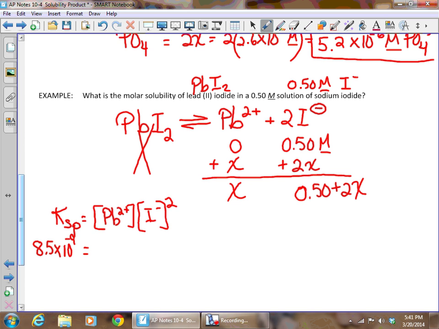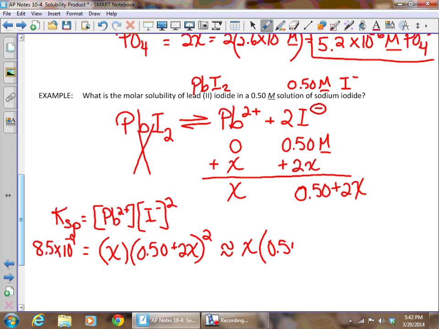And that is going to be equal to our X for the Pb2+ times the 0.50 plus 2X for iodide squared. Remember that in cases where K is very small, we can neglect X. So this ends up being X times 0.50 squared.